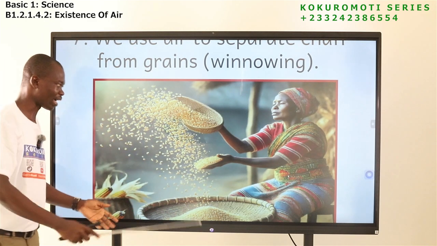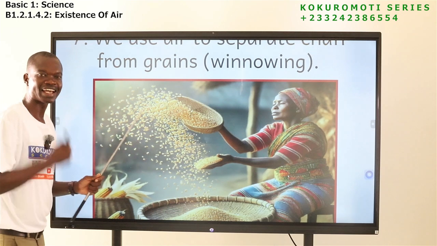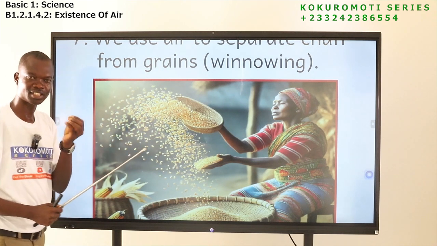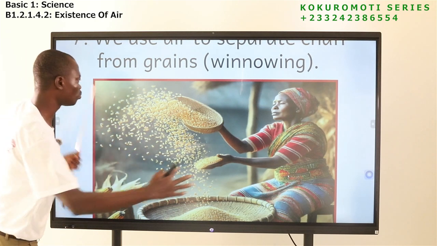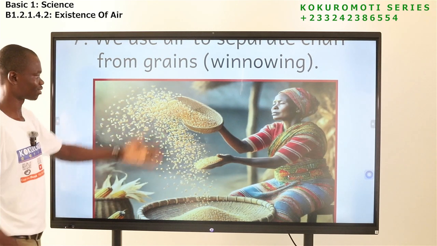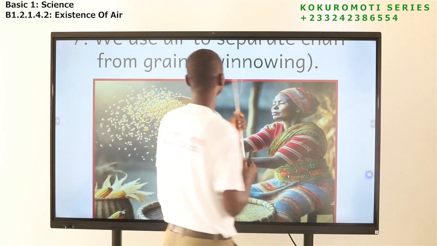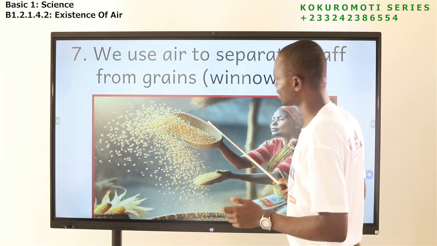because air is everywhere, the air will blow those that have light weight. The chaff, they are not heavy. They are lighter than the actual main grains. So the air will blow them away like that. And this is what we call winnowing. So winnowing is used to separate our chaff from grains.